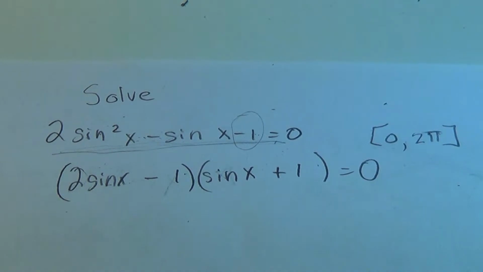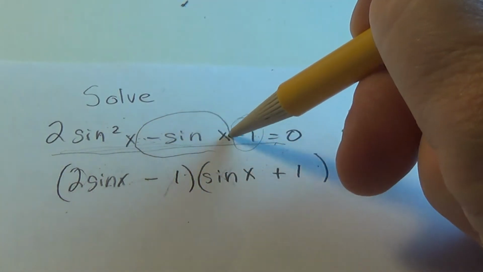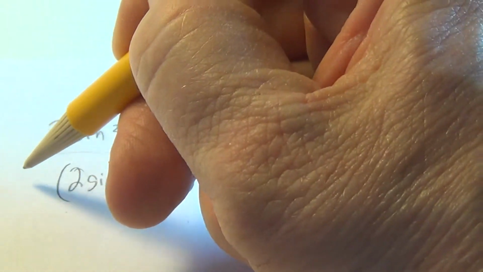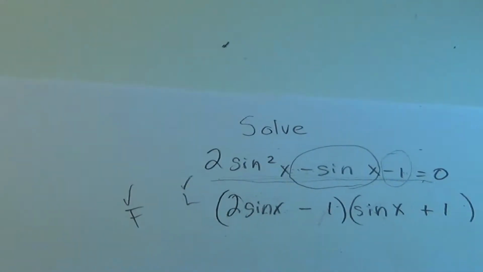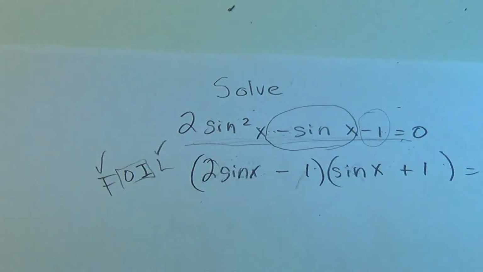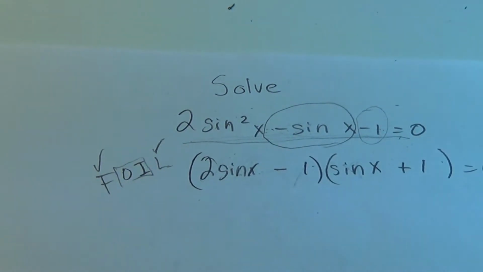Let's see if that is the correct one to generate this with the inner and outer product, because that's the part of FOIL. We took care of first times first and last times last. But the O and the I, or outer and inner product, have to be addressed. And if it doesn't work, we'll have to change one of the others.